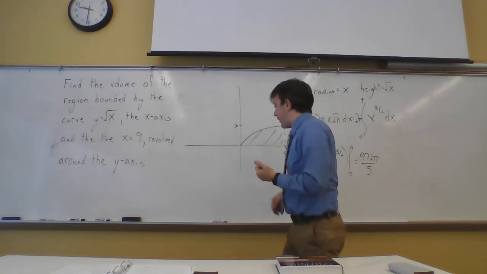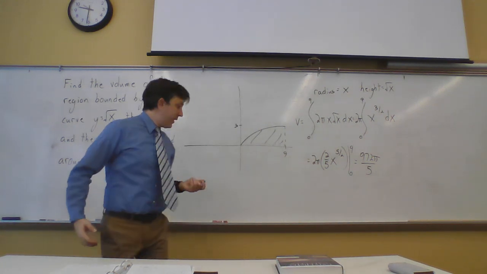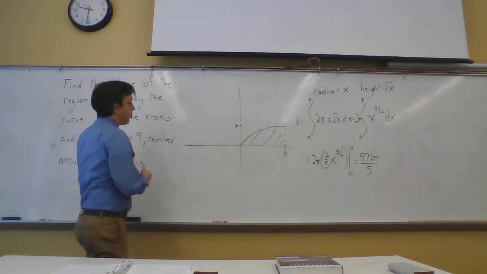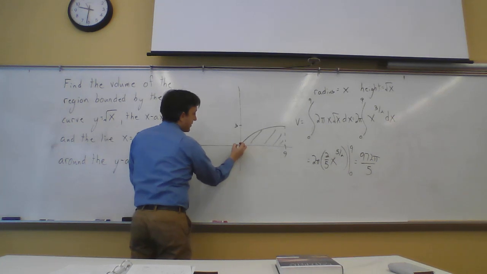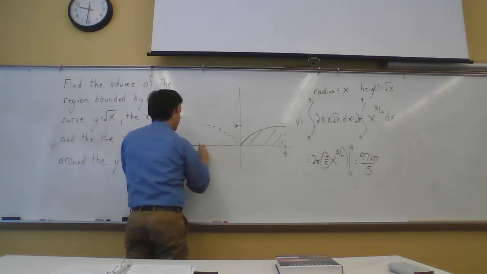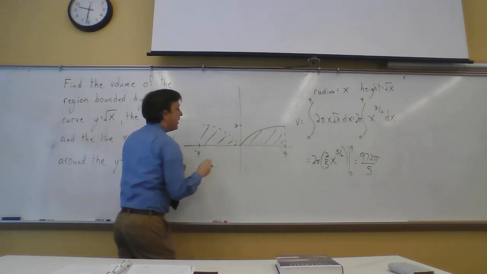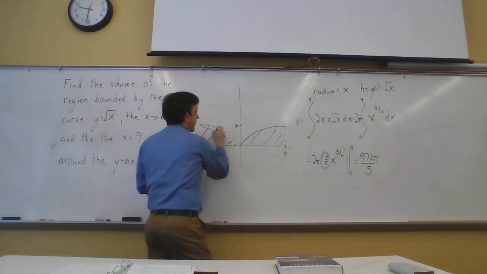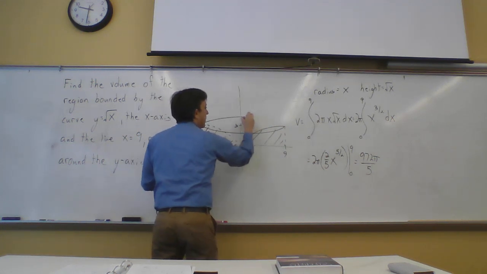Once you do that, you have to ask yourself, how am I rotating this? In this case, we're rotating it around the y-axis. So if you want, we can sketch the region on the other side to help us see this rotation that is happening.